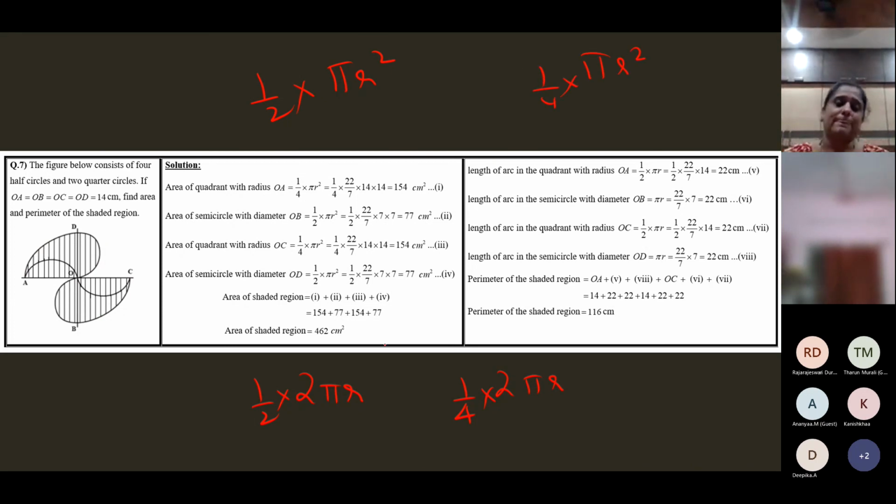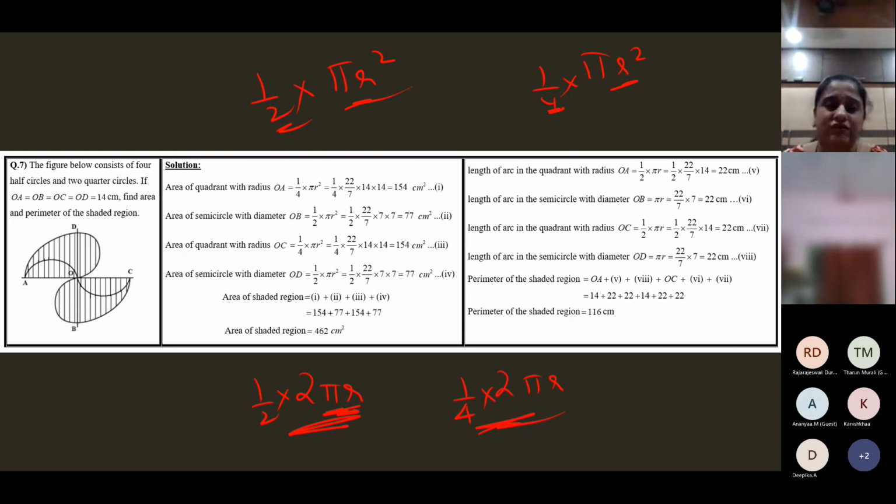That's all. This is area. 1 by 4 if it is quadrant, 1 by 2 if it is a semicircle. This is circumference or the length of the arc, 2 pi r, into half for semicircle, into 1 by 4 for quarter circle, the length of the arc in a quadrant.